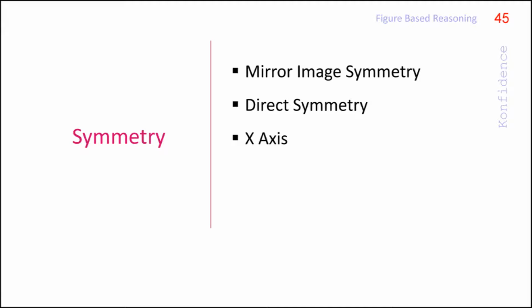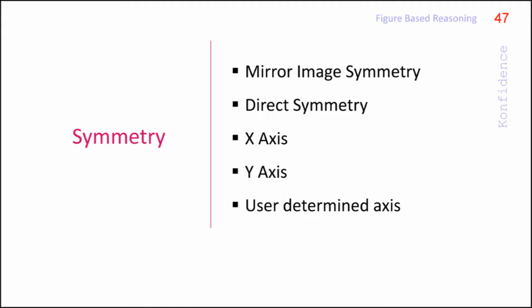As soon as we see a picture, our eye should be on the lookout for mirror image symmetry or direct symmetry in the picture. This is something that every human being with or without artistic aptitude can do. Can symmetry be only along x-axis and y-axis? Nothing like that. If you can define an axis and find out symmetry, well, fine and good.